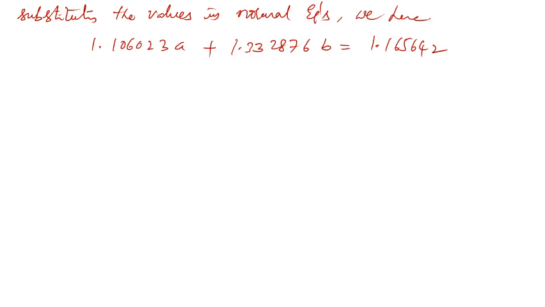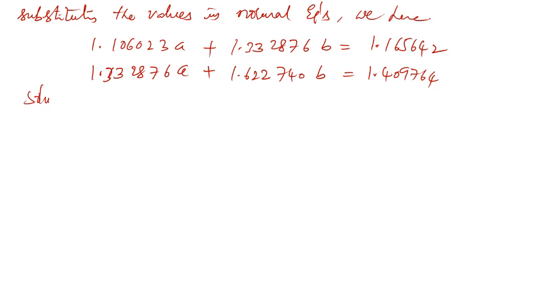That is the first normal equation. Second one, 1.332876a plus 1.622740b equal to 1.409764. So solving, we are getting a equal to 0.6853 and b equal to 0.3058.